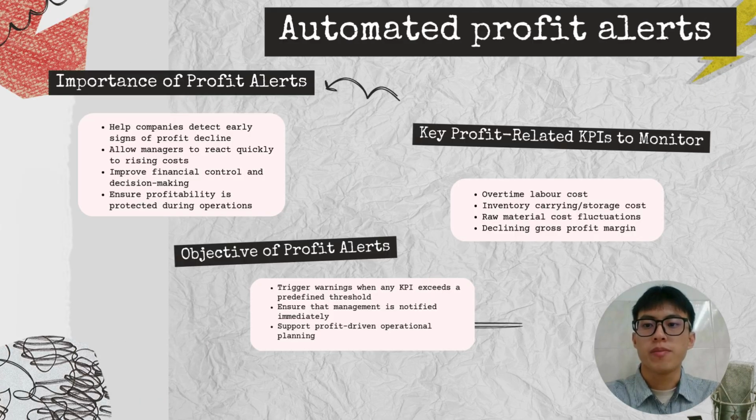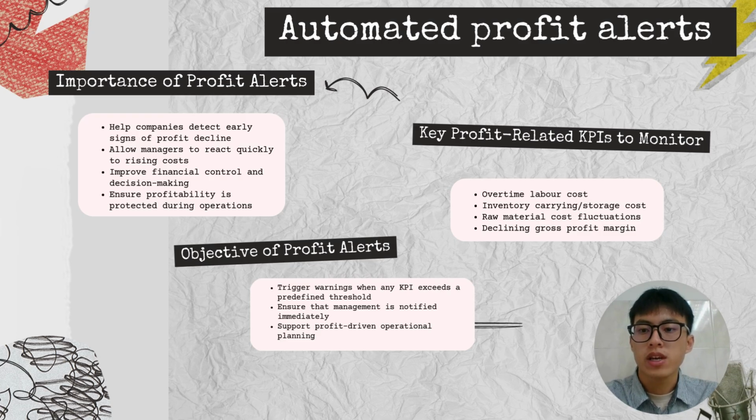Another challenge mentioned is using profit alerts to help the business detect early signs of financial risk. In any manufacturing company, profitability can be affected by several operational factors such as overtime labor costs, high inventory storage costs, or sudden increases in raw material price.